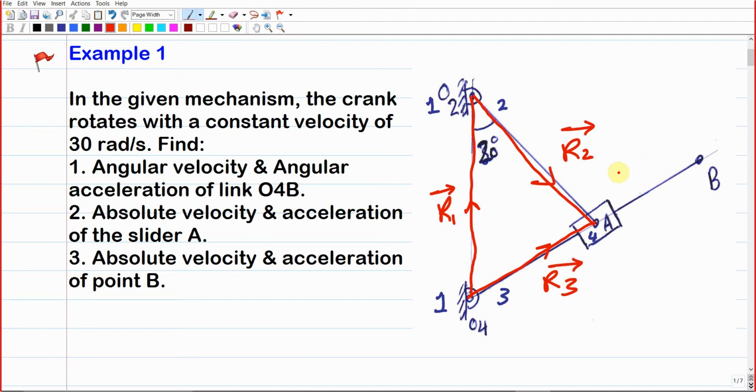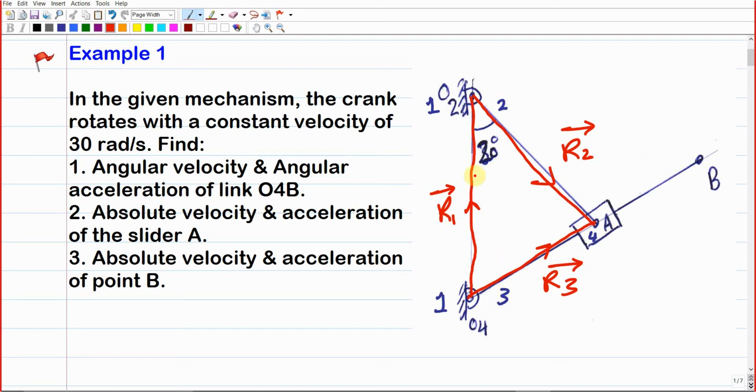In the meanwhile, you should understand that R2 works for the crank O2A, and R1 is just the fixed frame, and R3 works for two things. It works for the length 3, which is O4B. In addition, it works for the slider.